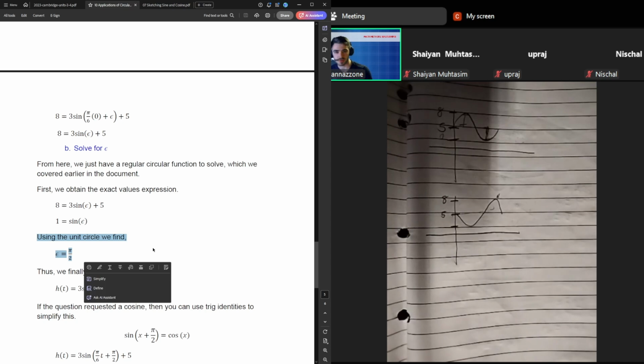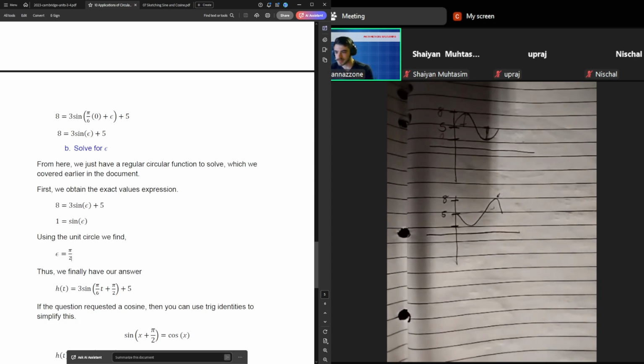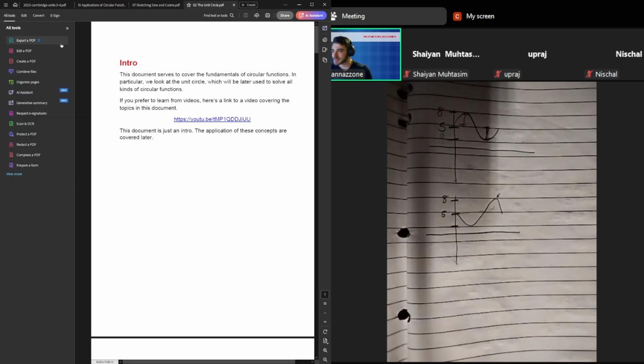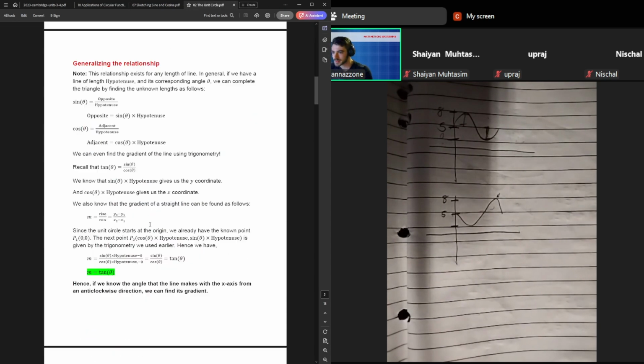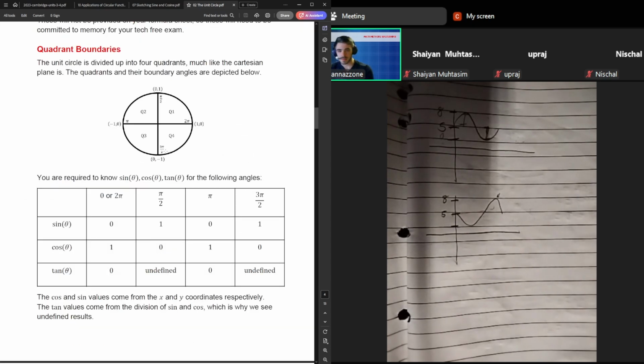This is where you have to use your unit circle. I know a lot of people are very averse to memorizing their unit circle. You will get this question wrong if you don't know how to use your unit circle. And this will be something that's on a tech free. So please, for the love of God, study it. But for those who haven't immediately solved what that's going to be, you can use reference tables like this that I have in the community.